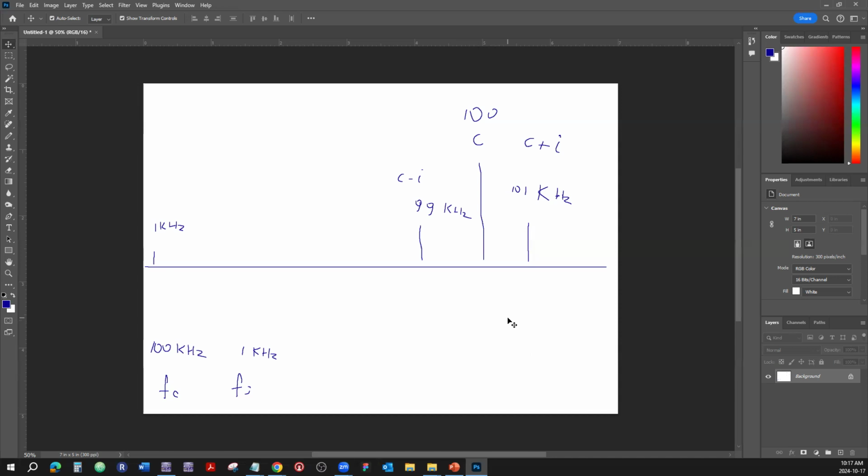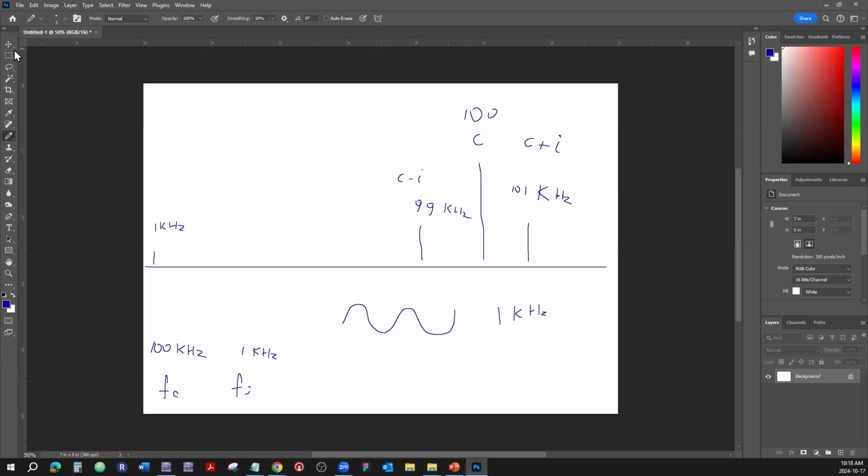Now, just keep that in the back of your mind. You only saw this little spike here and little spike here. Why only this spike? Because the frequency that we're using to modulate was that really annoying 1 kilohertz, and that was a sine wave that we did.